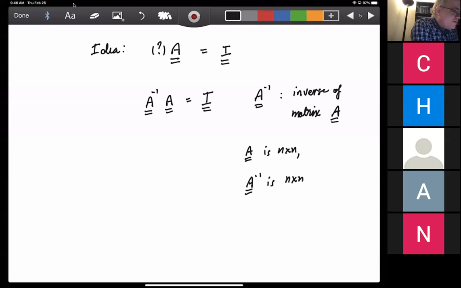The inverse is only defined for square matrices because we want it to be the case that A inverse times A is the same as A times A inverse, and both of these need to be the identity.